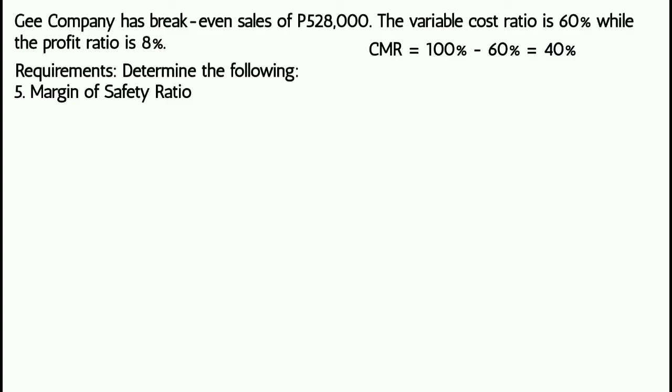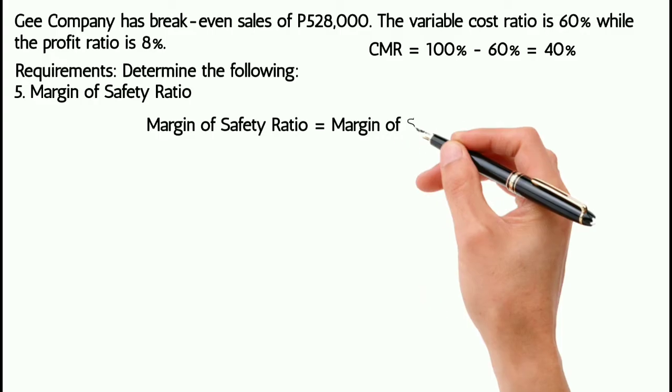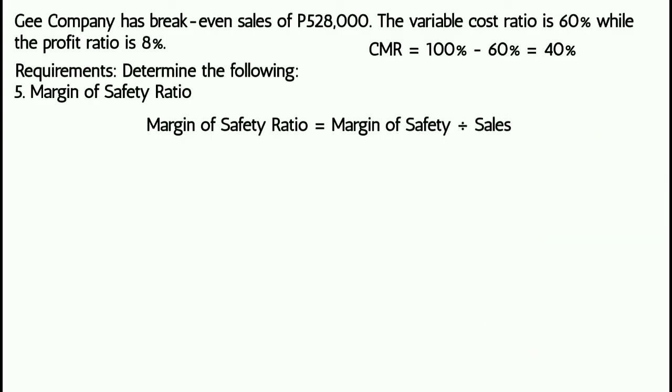Next, requirement number 5, determine the margin of safety ratio. Margin of safety ratio is equal to margin of safety divided by sales.